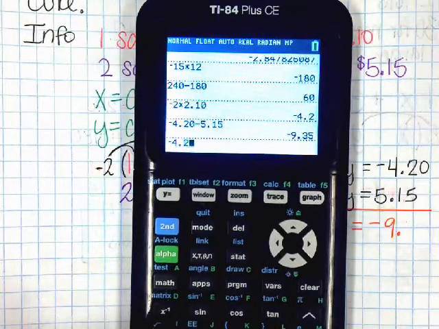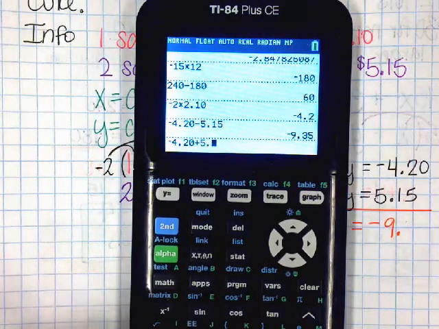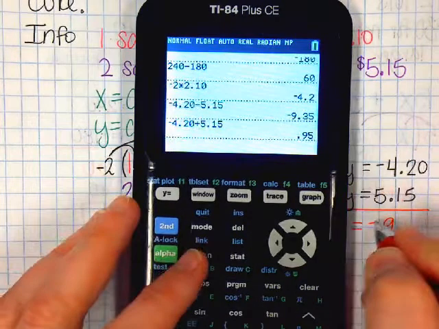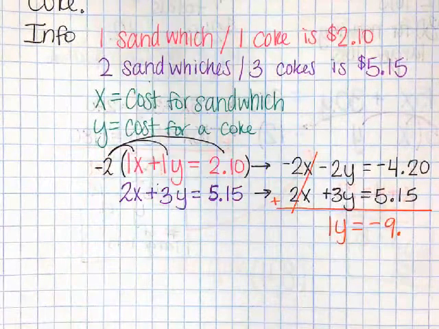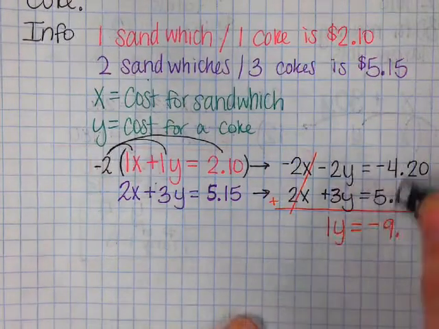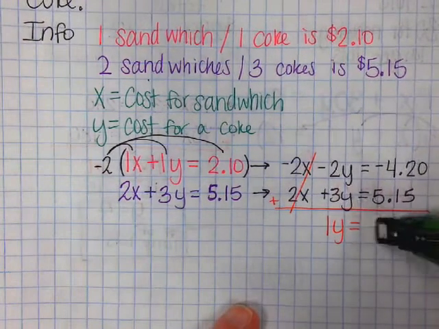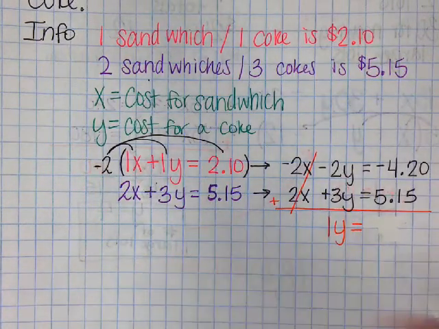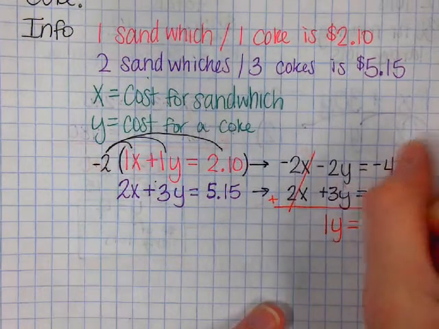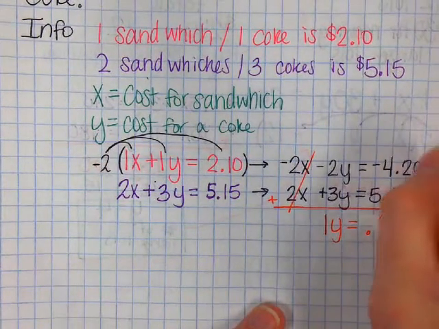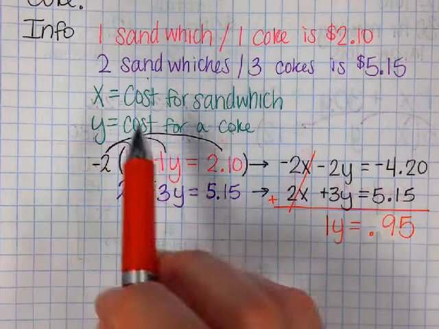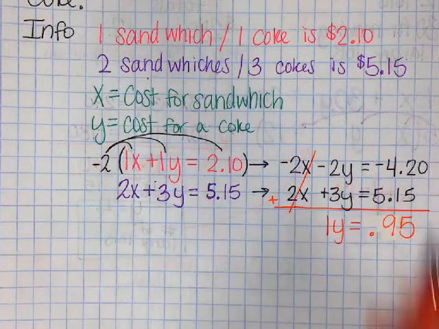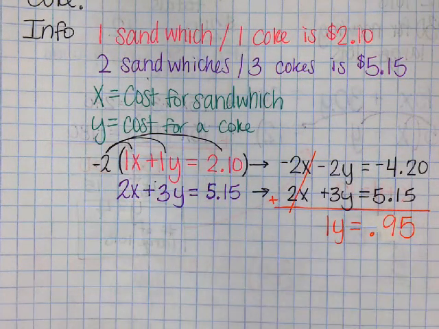Oh, I'm sorry, that's not right. It's -4.20 plus 5.15. Sorry, that seems better. And I knew the first answer couldn't be right. The reason I immediately stopped: one, you can't charge a negative amount of money, and you can't have 1 sandwich be more than the cost of 2 sandwiches and 3 Cokes.